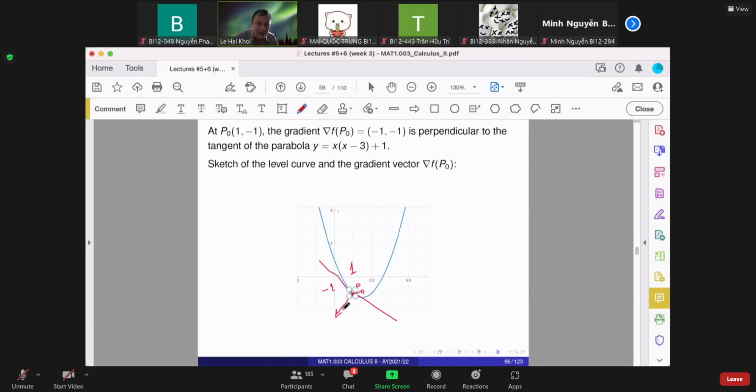This is gradient vector. So understanding the situation and understanding the perpendicular or orthogonality properties of gradient vector with respect to the tangent line of the level curve, you can have such a picture very easily.